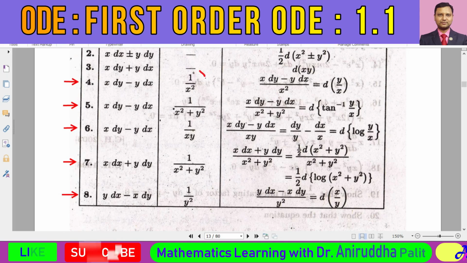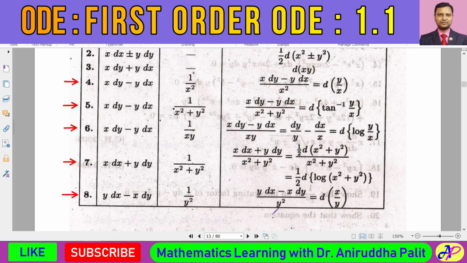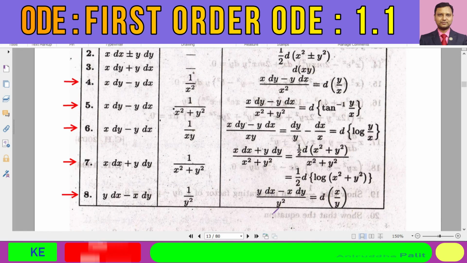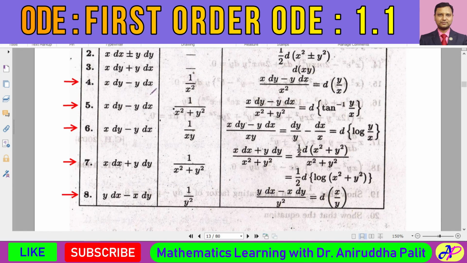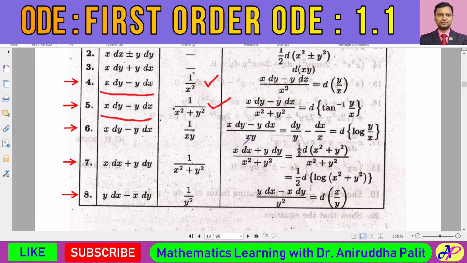And remember, this is very first-hand advice, because there are other techniques by which we compute integrating factors. Sometimes we multiply this expression by 1 by x square, sometimes by 1 by x square plus y square.